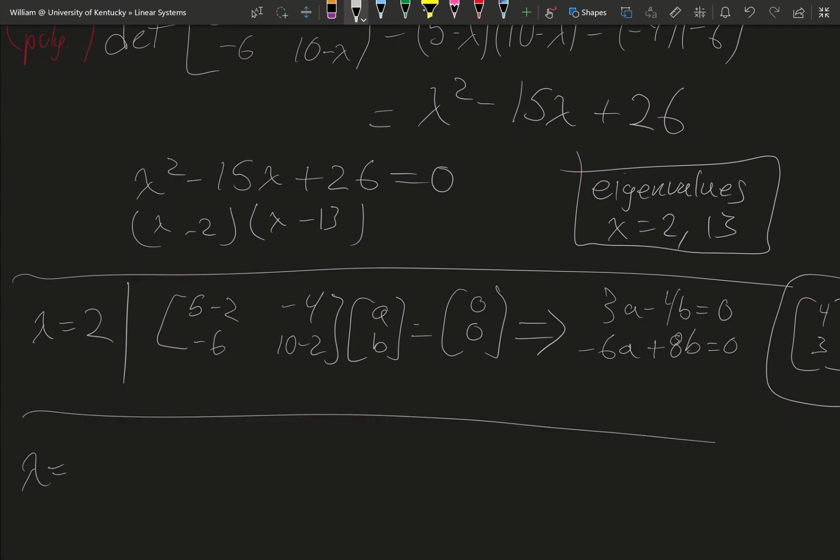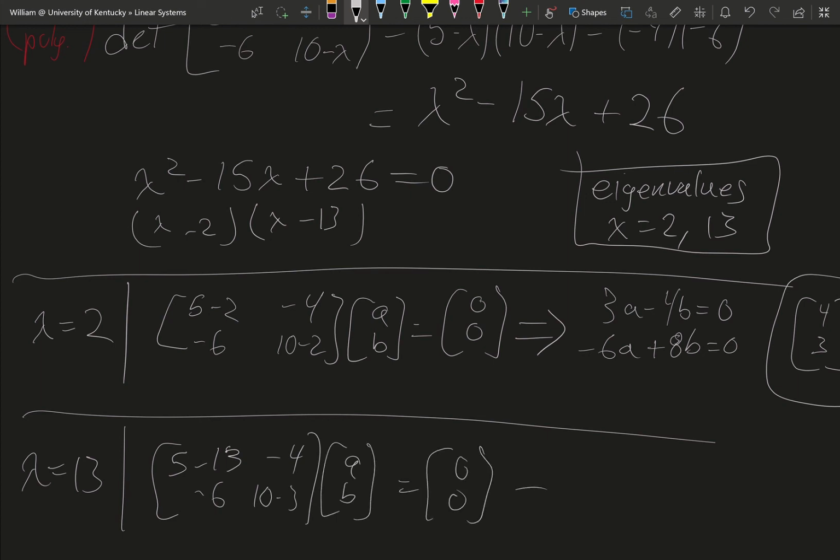Now if we do lambda equals 13, we should have 5 minus 13, negative 8a minus 4b, and negative 6a minus 3b.